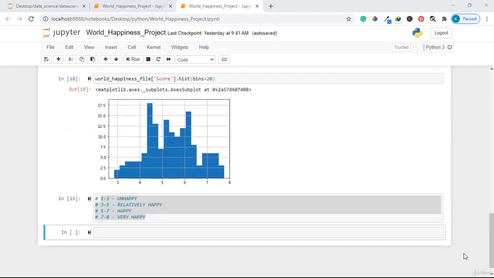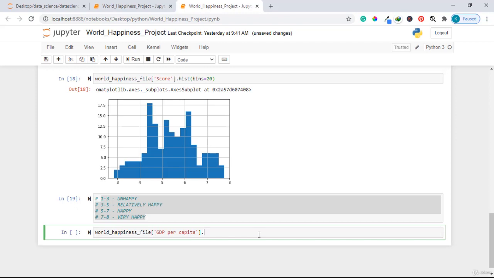The next one that I'm going to draw is the GDP per capita histogram. So let us write down the world happiness file, GDP per capita, like so.